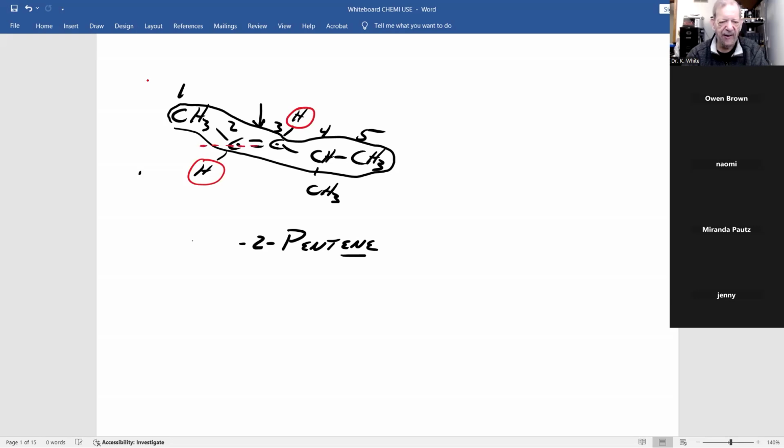And if I had a plane going here, these hydrogens are on opposite sides.